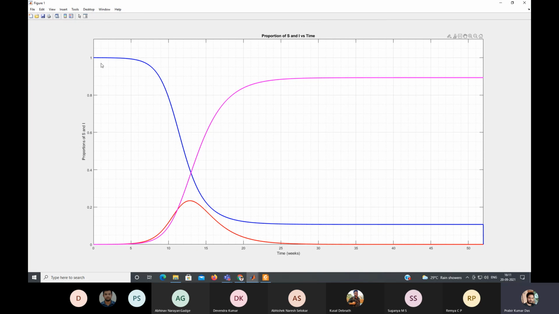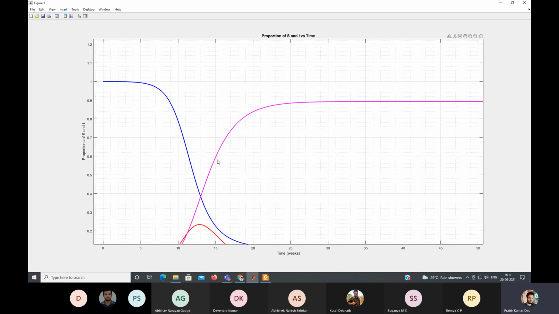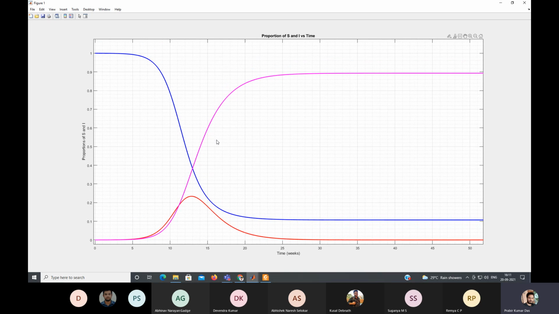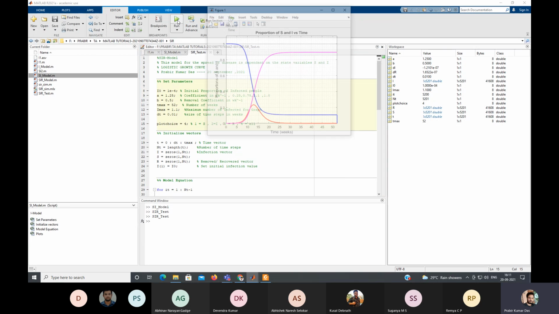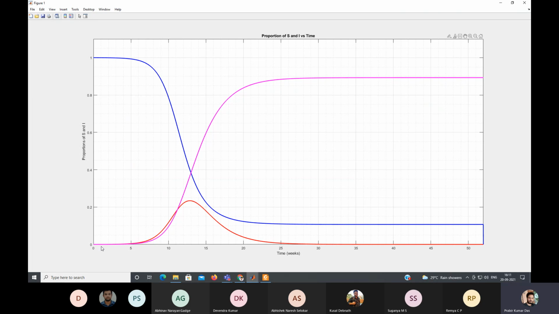Basically, why I call it proportion is that we are not considering the exact number of figures. We consider that our total population is 1. So what is this blue line? This blue line is the S variable, so it is S versus T. And what is this red line?